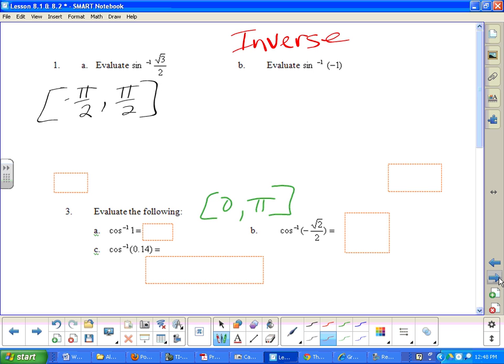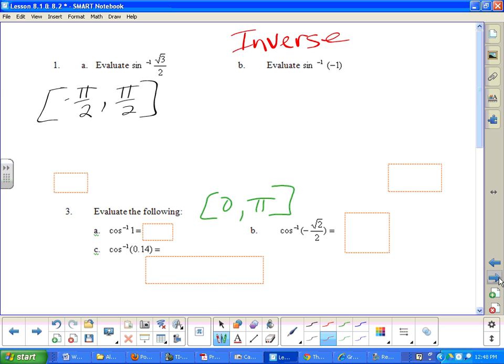Okay. So number 1, they want us to evaluate the inverse sine of square root of 3 over 2. Since it's inverse sine, that means my answer must be between -pi/2 and pi/2.